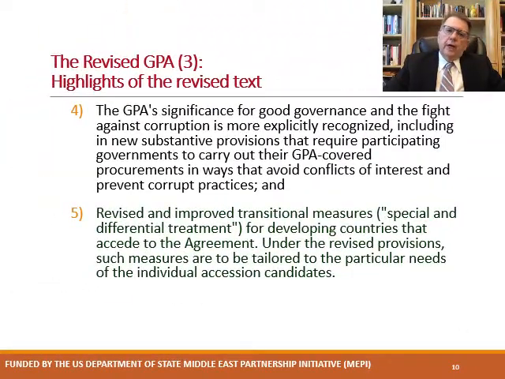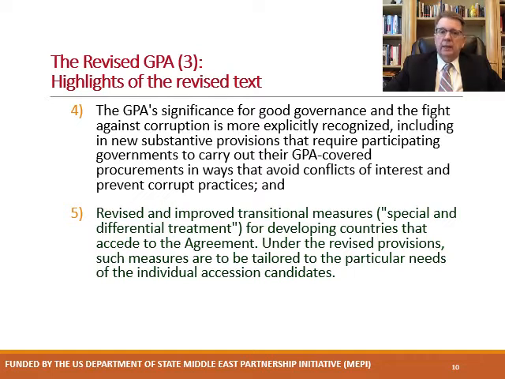So the fourth highlight of the revised GPA text that I would like to mention is that the GPA's significance for good governance and the fight against corruption is now much more explicitly recognized in the text of the agreement. It's recognized in new substantive provisions that require participating governments to carry out their GPA-covered procurements in ways that avoid conflicts of interest and prevent corrupt practices.